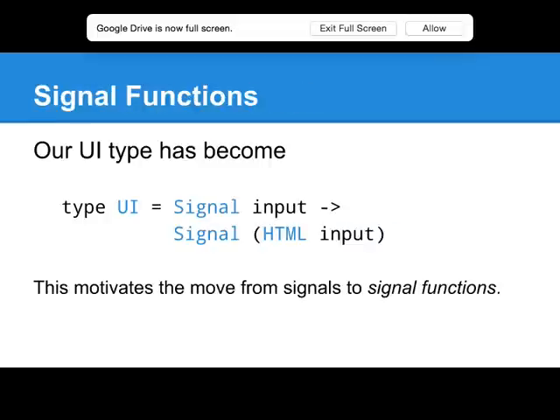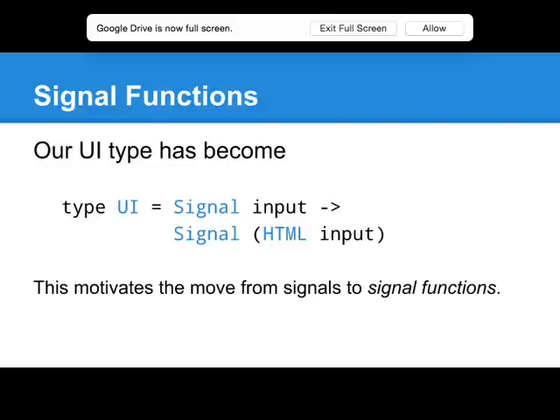Okay. So our UI type, the second or third iteration, I guess, has become, sorry, the mistake, there should be an input type there. So a UI of a particular input type is a function from this future event signal to our signal of time-varying DOM descriptions.